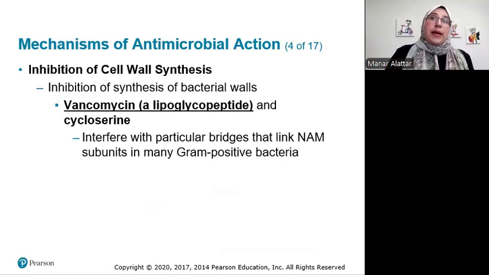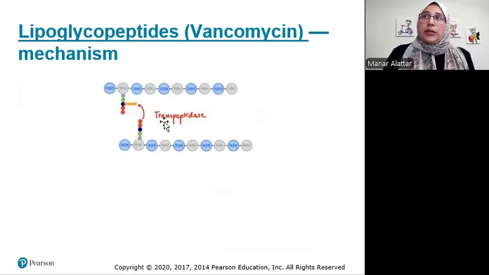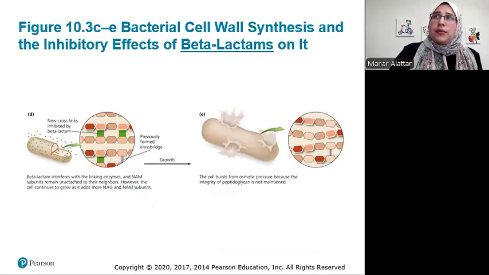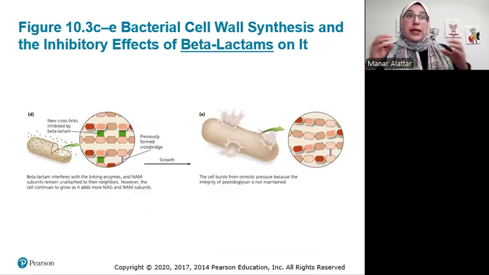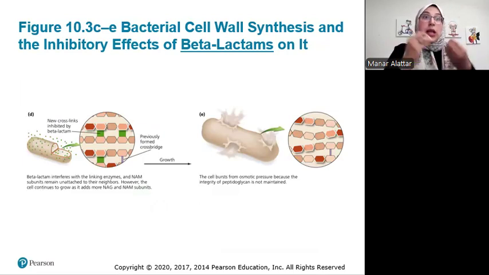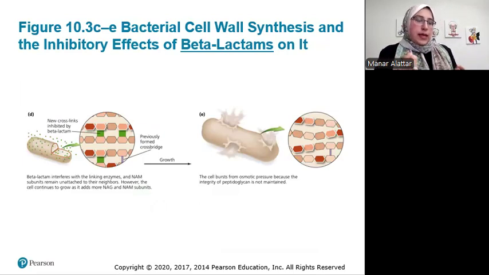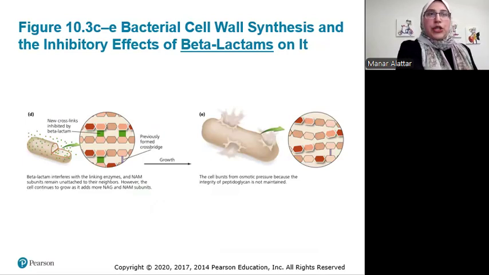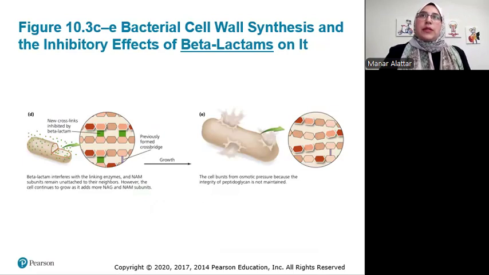And so if we go back to our transpeptidase here, actually this is going back to our beta lactams, but I don't have an image specifically for vancomycin. You can imagine that those NAG and NAM subunits are just not able to come together in the first place, and so you don't have the connection of those subunits within the cell wall.